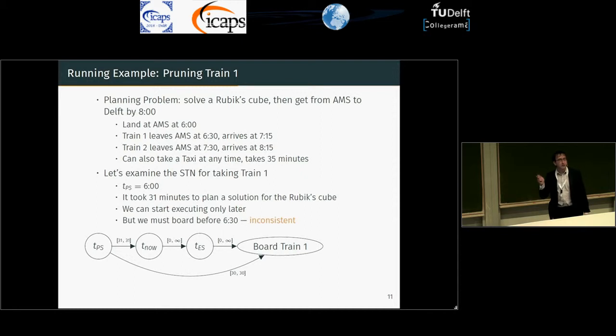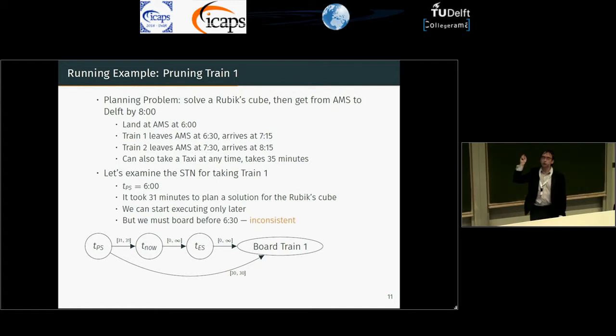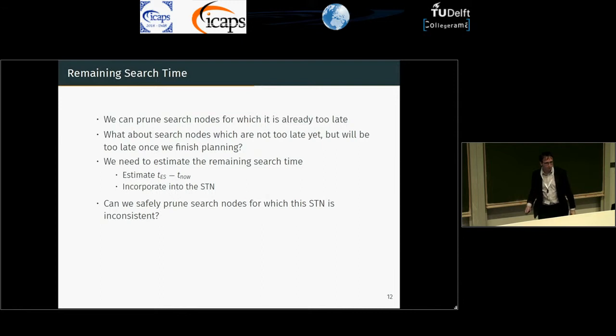The problem is that's inconsistent because that train left at 6:30. And if you follow along the top there, we have a minimum amount of time of 31 minutes because it includes the planning time. And along the bottom, we have a maximum amount of time of 30 minutes because that deadline was set relative to the time at which we ran the planner, not the time at which we started executing the plan. So we can straight away recognize that this is no longer an option.